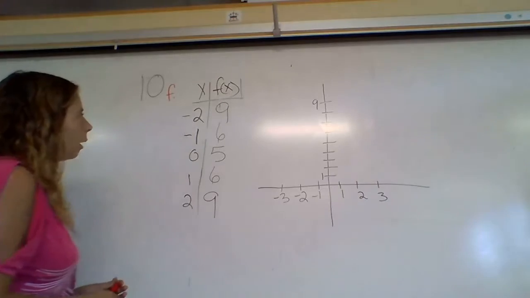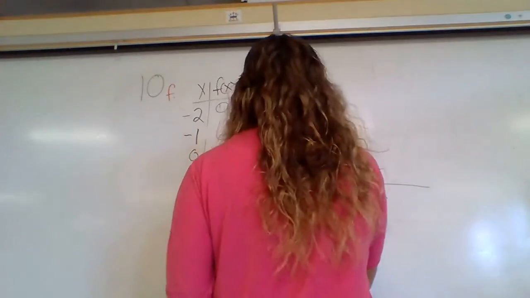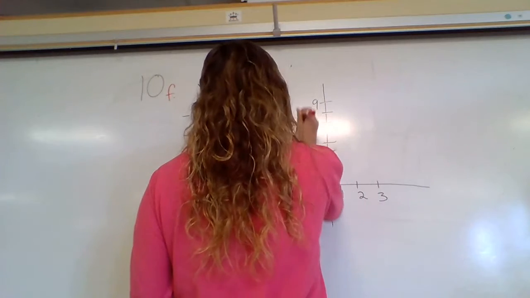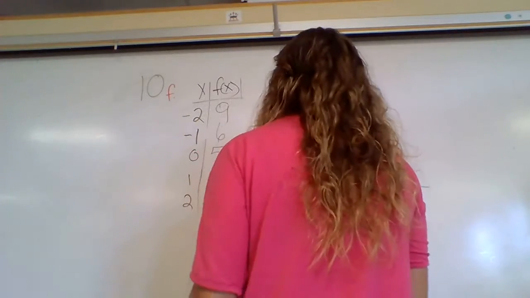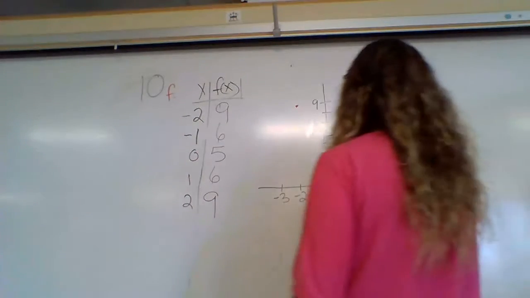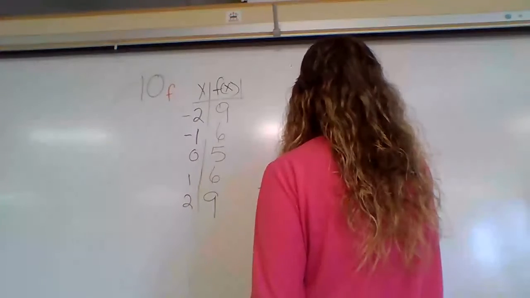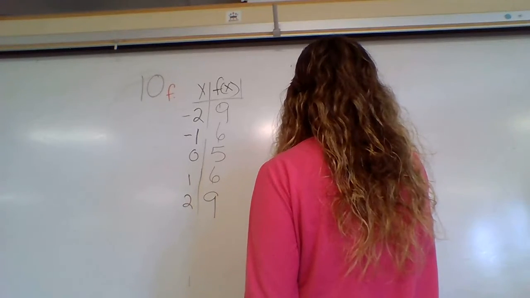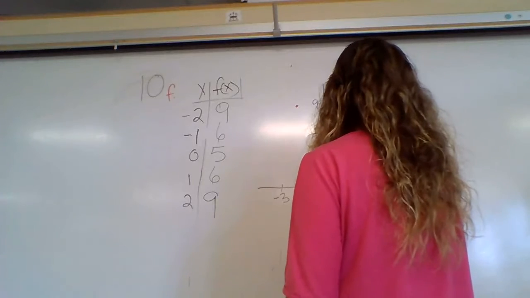All right, so now just plotting the points. Negative 2, 9. And then you have negative 1, 6. 1, 2, 3, 4, 5, 6. And then 0, 5.